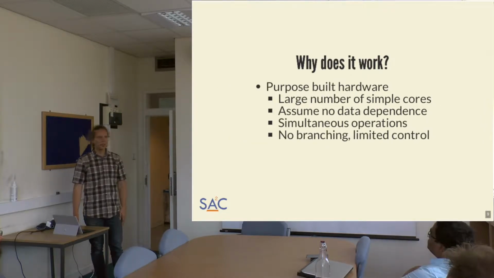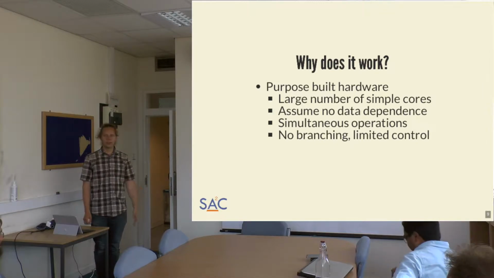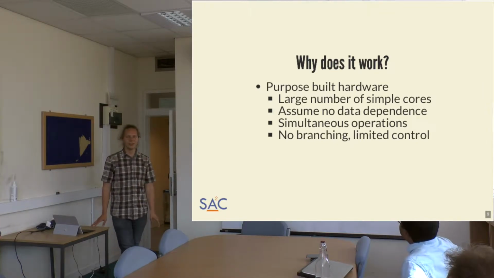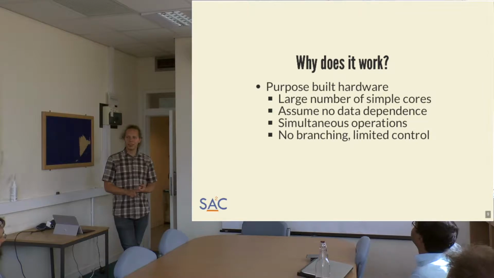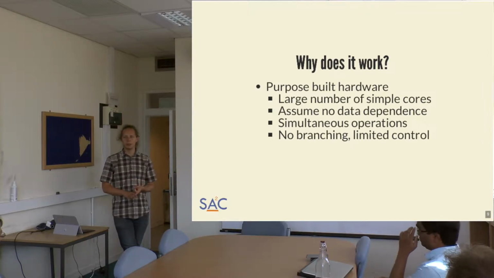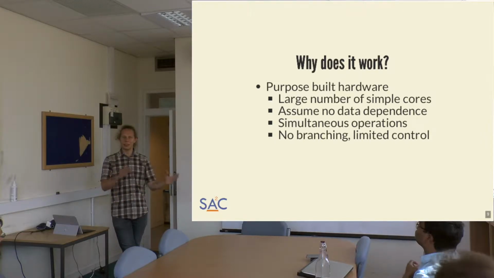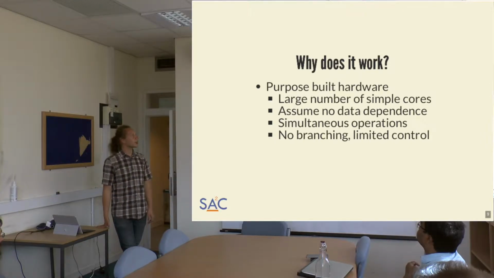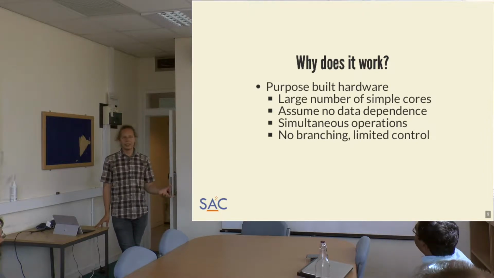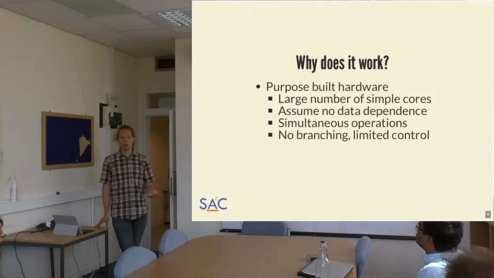Okay. So we have said most of this already, but just to reiterate, the reason that GPUs are faster in some cases is that they are specially built for solving specific kinds of problems. And these are similar to rendering graphics on screen. So in a device you have a large number of cores that perform the same operation on a large number of data, which essentially means that you assume data independence.